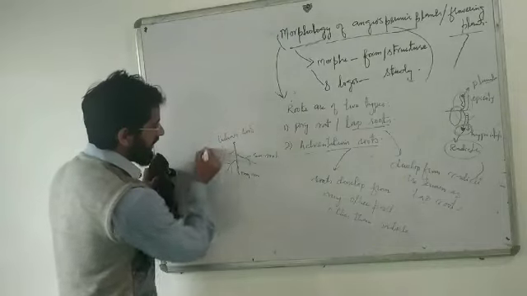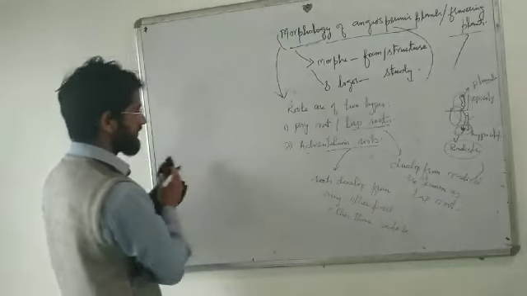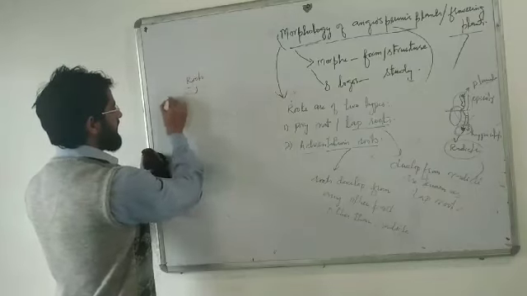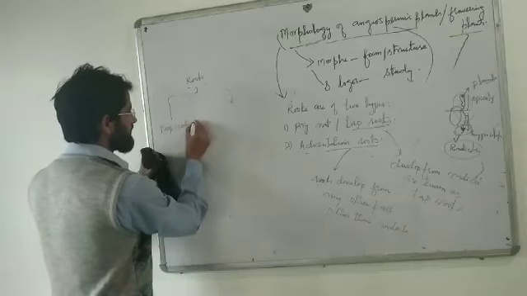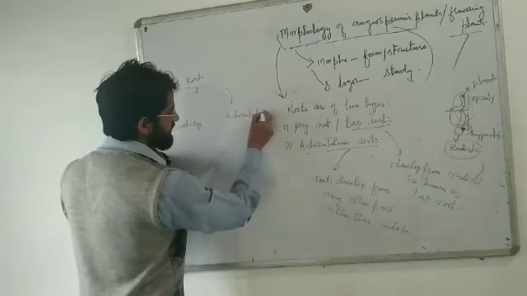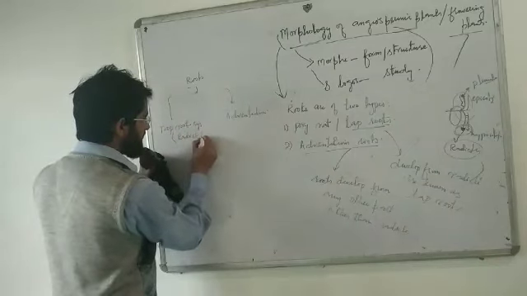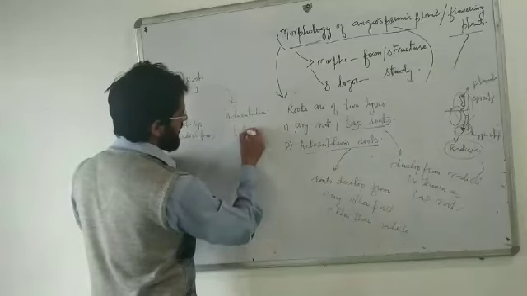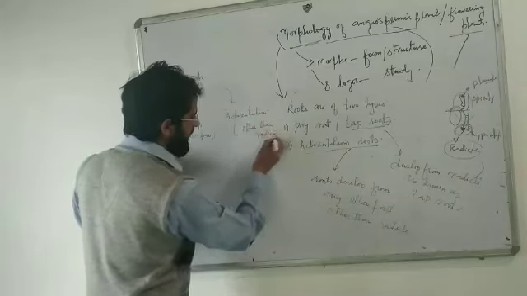Now the roots are of two types. One is the taproot system, which develops from the radicle part, and second is the adventitious root system, which develops from parts other than the radicle.